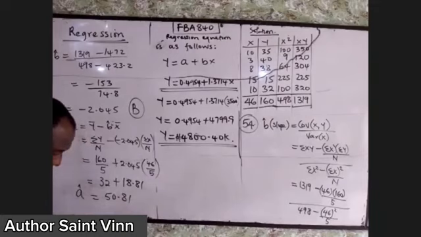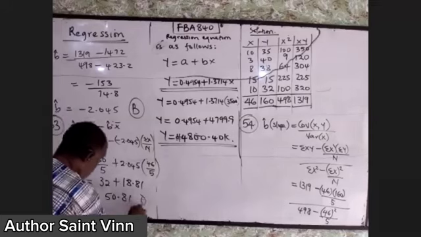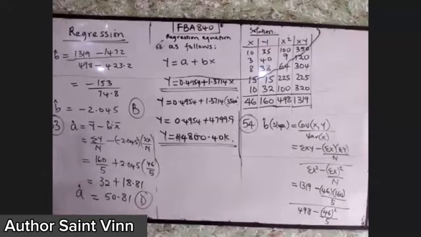The answer is G. So this A is the constant on the Y intercept. Is it difficult? But once it's like that, we have already got it.